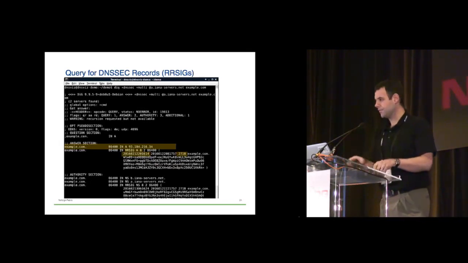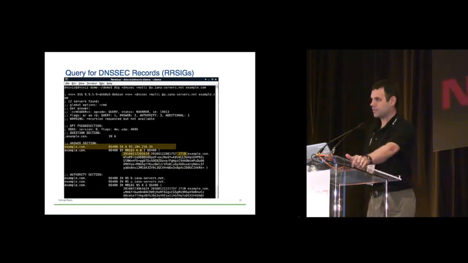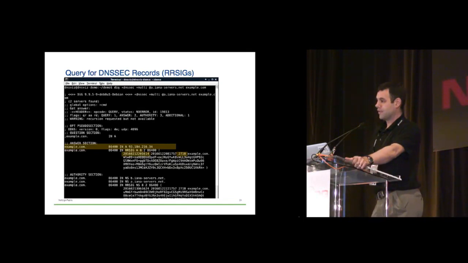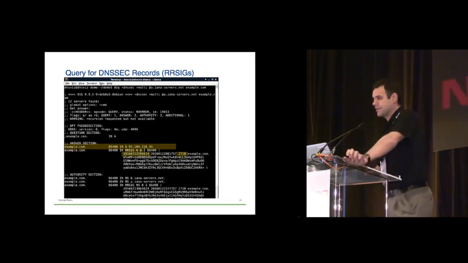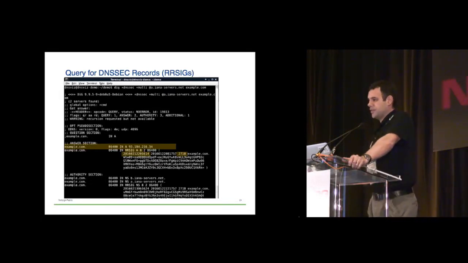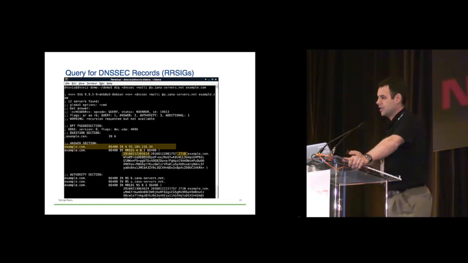So as you can see from the screen up here, I'm just going to show you what we're looking at in this output. When we did the initial query for the example.com address record, you're going to see down here the address record that we had gotten previously, 93.184. Down below it you have the signature, which I've highlighted, the RRSIG, so you can see.